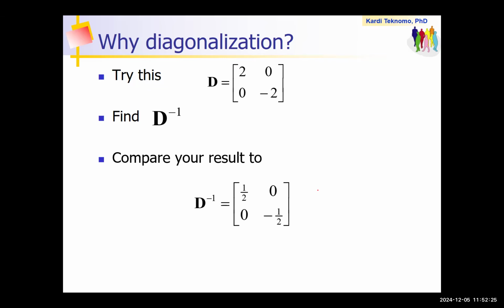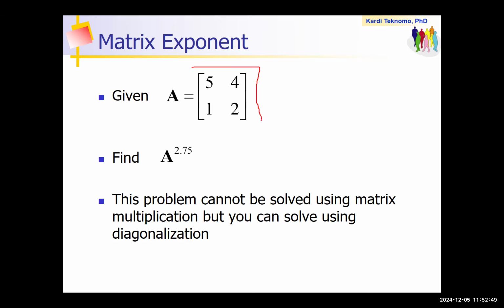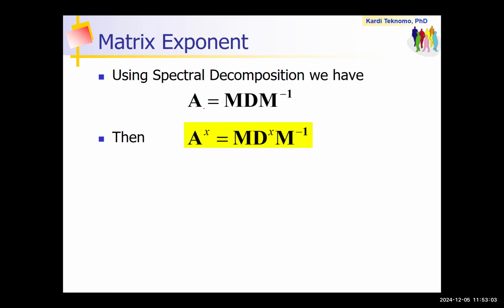The same thing, right? For example, this one, or this one, how do you get A exponent 2.75? Wow, you cannot multiply 2.75 times, right? But you know the modal matrix, and you know the diagonal.